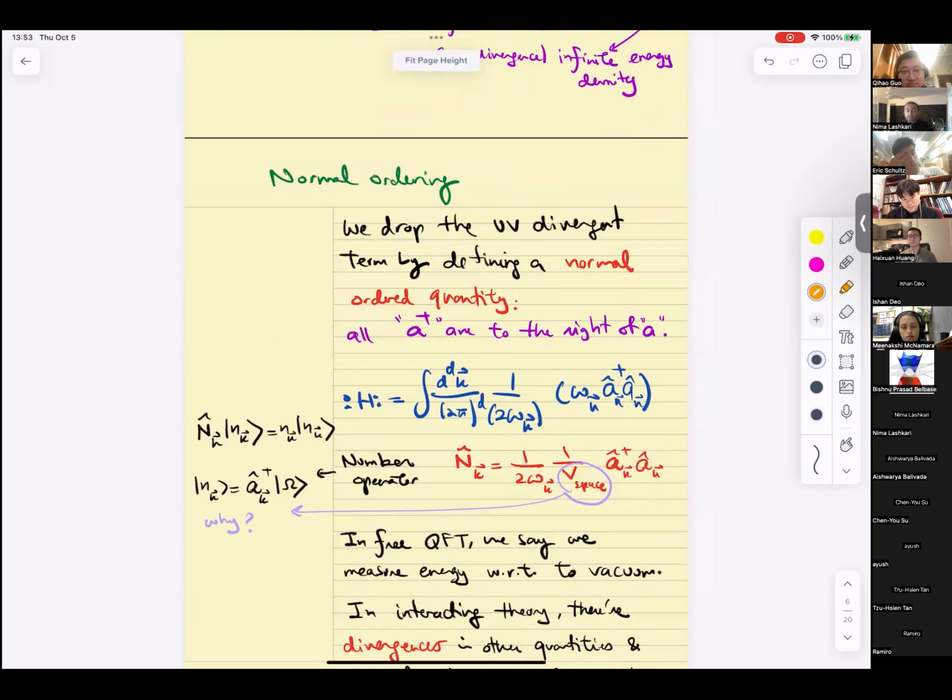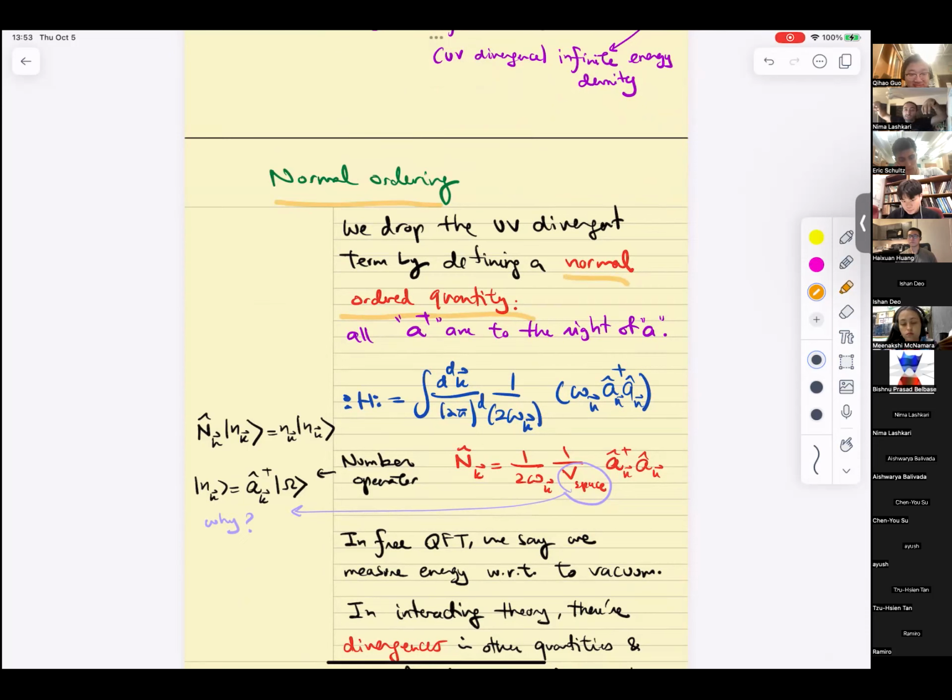So what we do to get rid of this infinity is an ad hoc procedure we call normal ordering. We define a normal ordered quantity to be the quantity shown with these double dots, colons, left and right. What it says is that every time you have a sequence of creation and annihilation operators, move the creation operators, the daggers, to the far right.